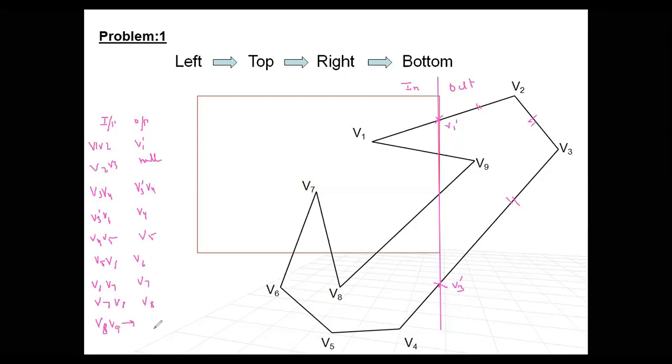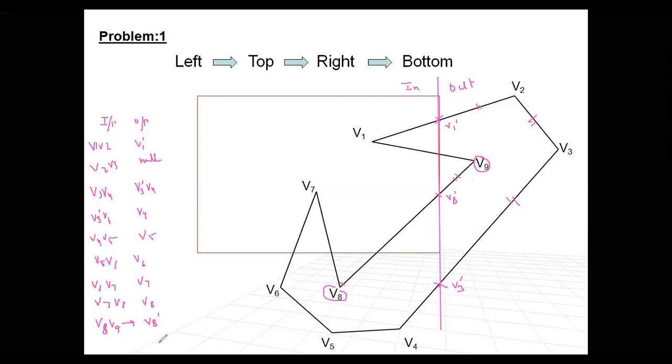So when we are moving from V8 to V9, this is inside and this is outside. So inside to outside, this will be V8 dash. Only the intersection point is saved, and this will be clipped.